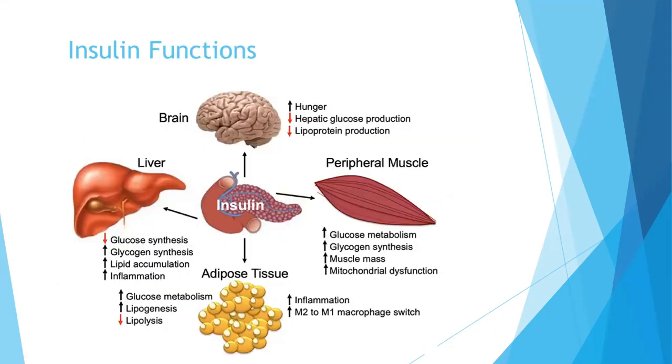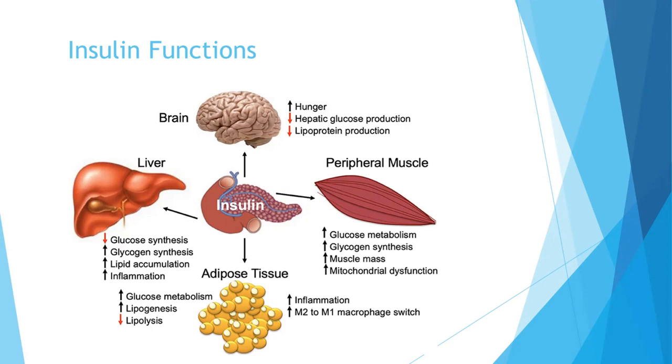Now let's talk about insulin functions. Insulin acts in the brain, where it increases hunger, decreases hepatic glucose production, and decreases lipoprotein production. It decreases glucose synthesis and increases glucose storage by increased glycogen synthesis. It increases lipid accumulation and increases inflammation. It acts on the adipose tissue too, where it increases lipogenesis and decreases lipolysis.